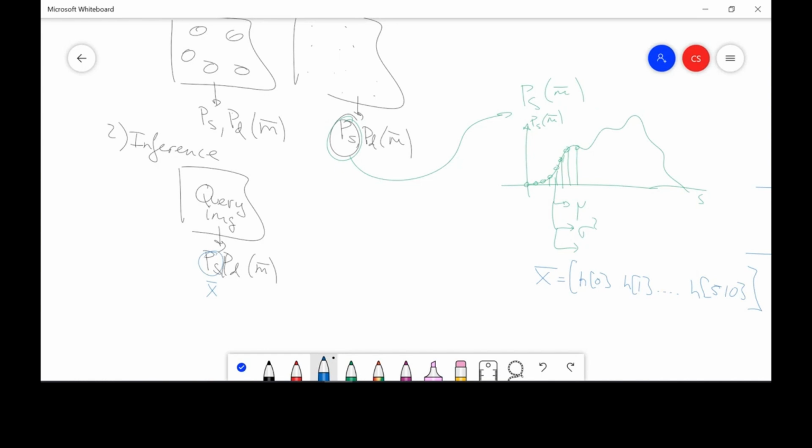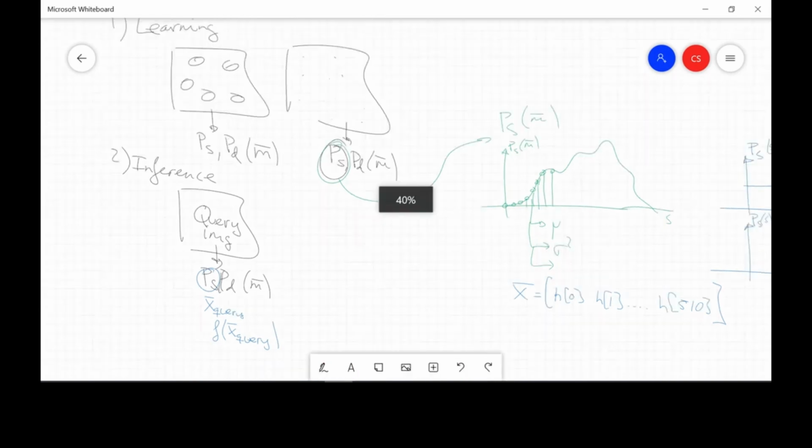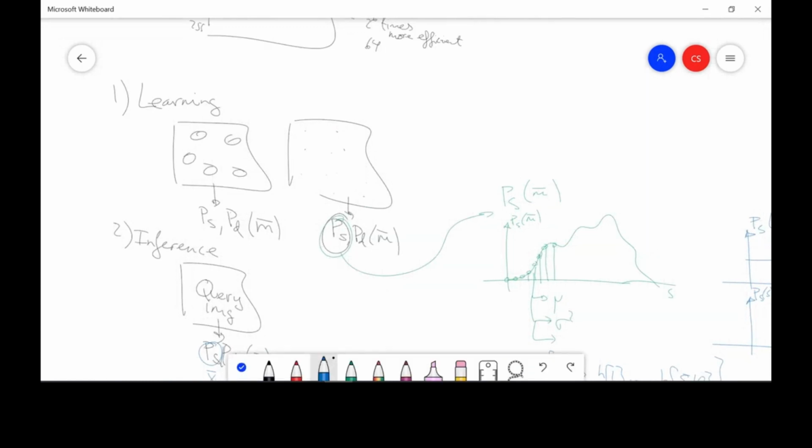So now I may wonder, what is the likelihood of observing x? This x is coming from the query, given that the true texture is this one, I don't know, image 1. These are image 1, image 2, and so on.